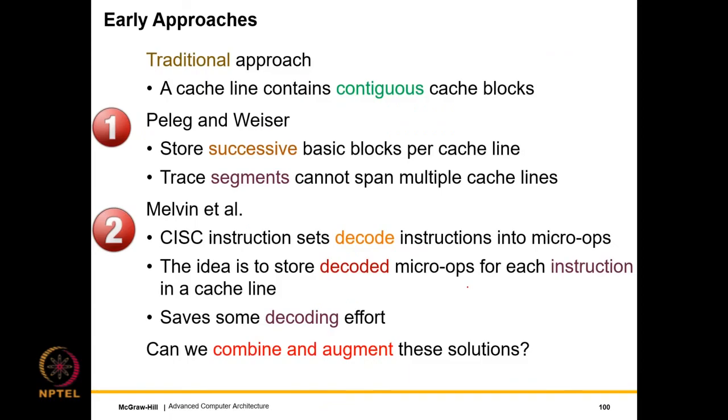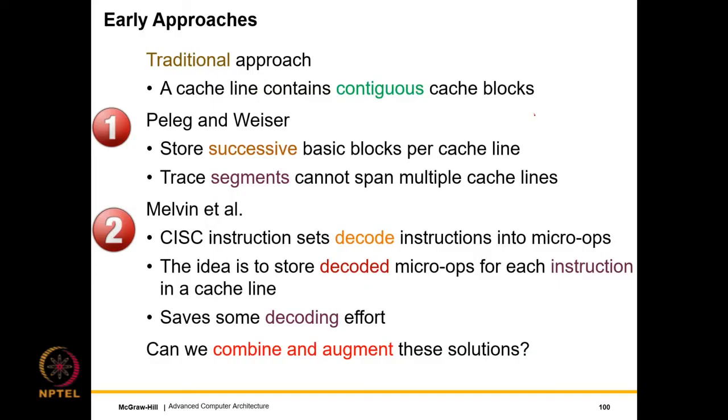The trace cache was, broadly speaking, a fusion of two older ideas. What are these older ideas? Of course, the traditional approach was that a cache line contains contiguous cache blocks, but that is not a very good idea. So what Peleg and Weiser did is that in a single cache line they stored successive basic blocks.